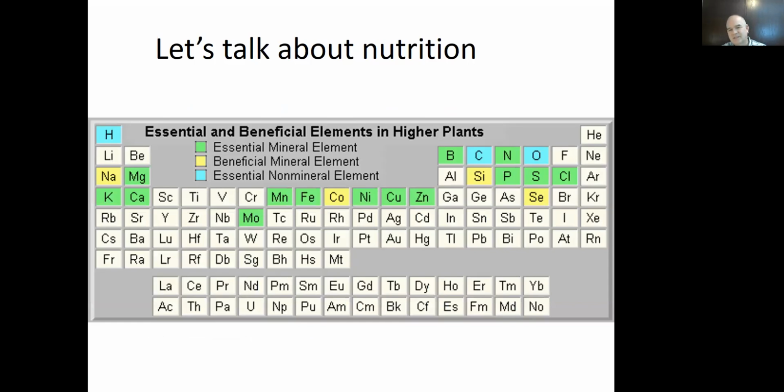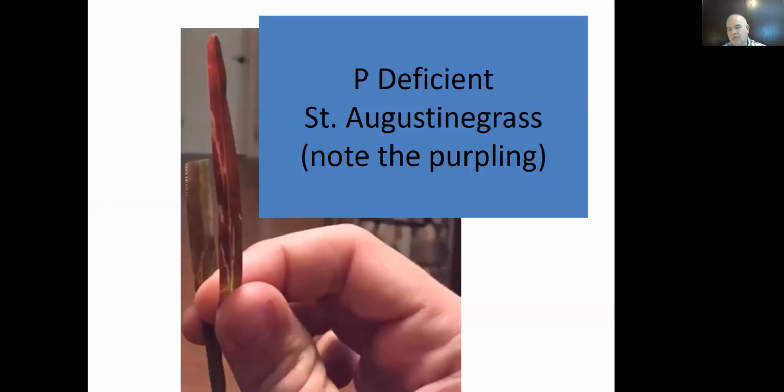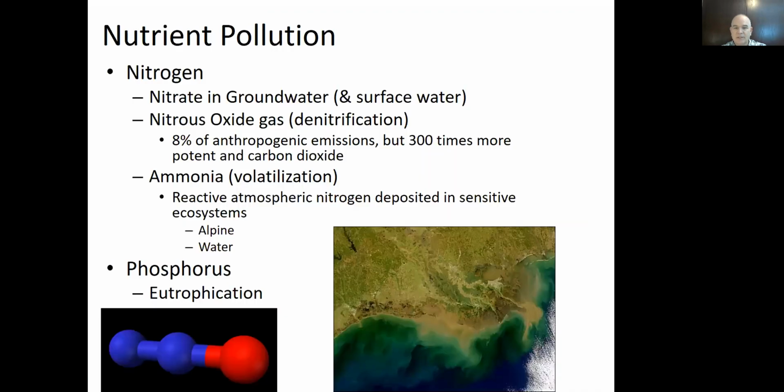All right, so let's talk more about this nutrition side of things. We've got essential and beneficial elements that are needed by higher plants. For example, here's phosphorus. This is St. Augustine grass that's phosphorus deficient, and so we're interested in that. We're also interested in not overdoing nutrients in terms of getting pollution in the air or in the water.